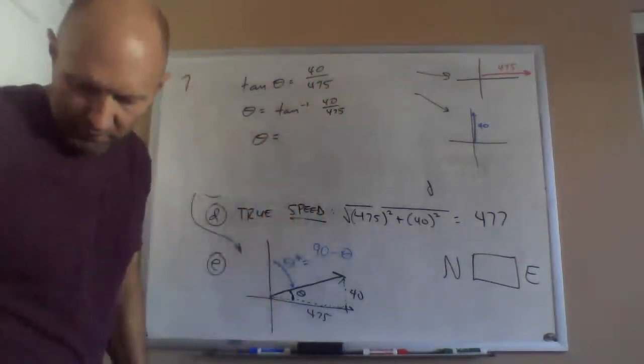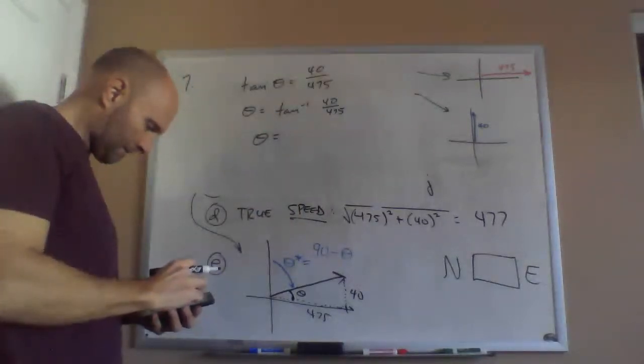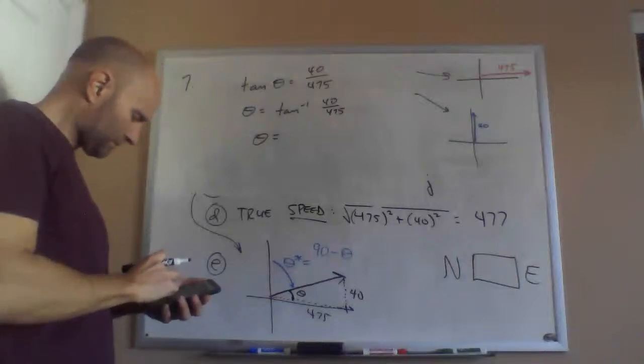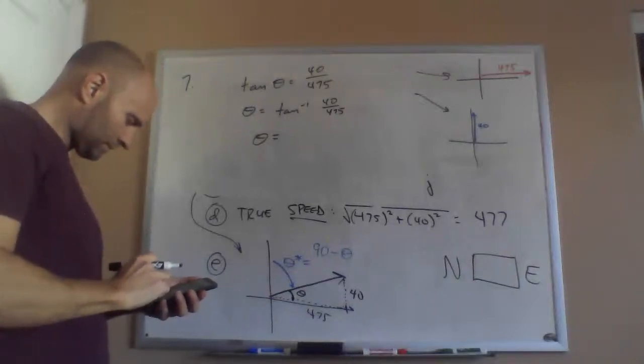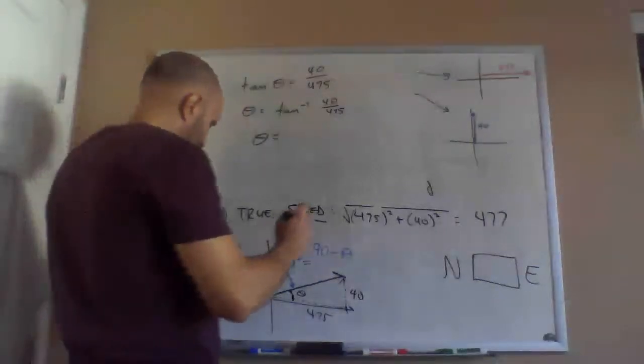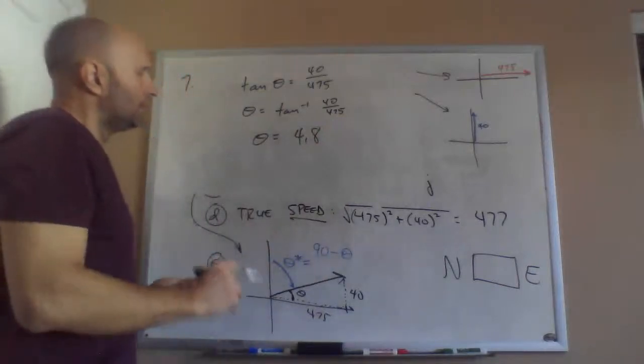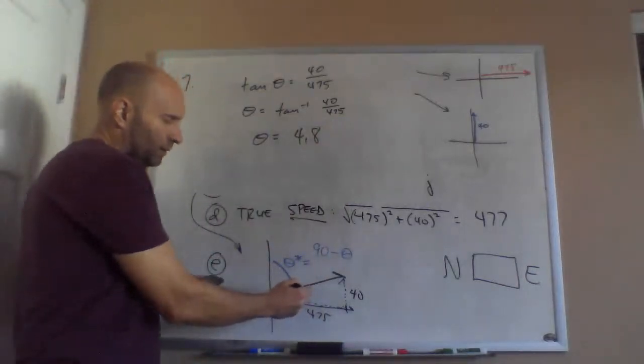So theta, to one decimal place, is 4.8. So therefore, that's this little angle here.